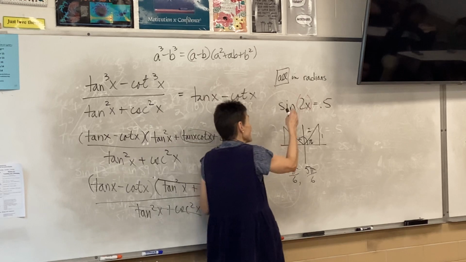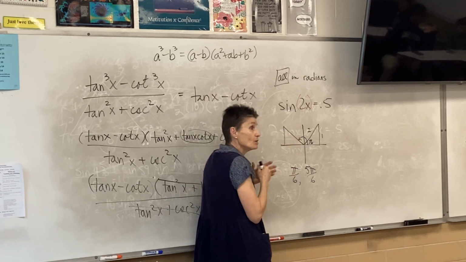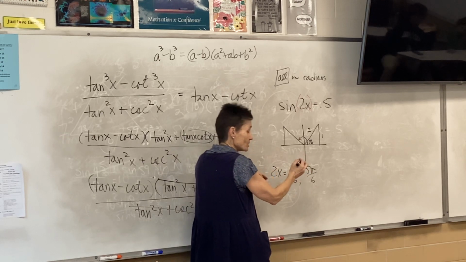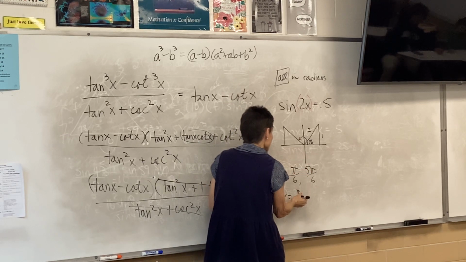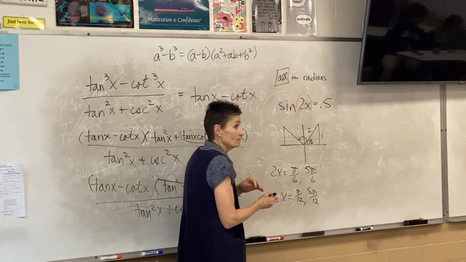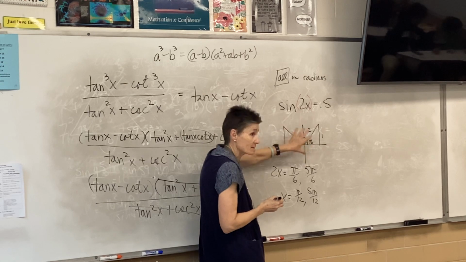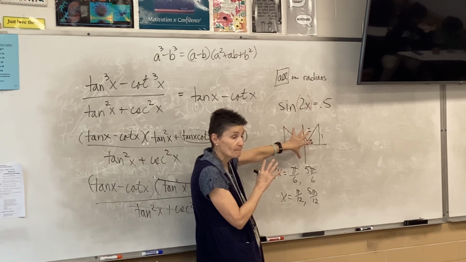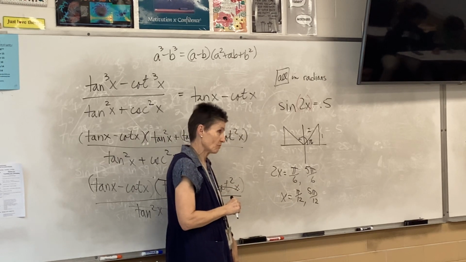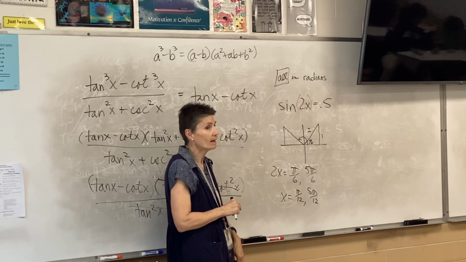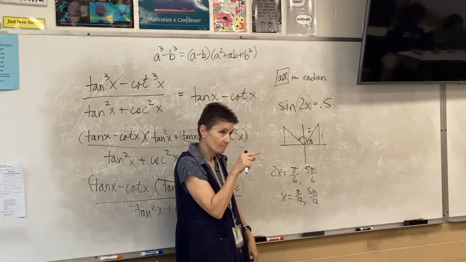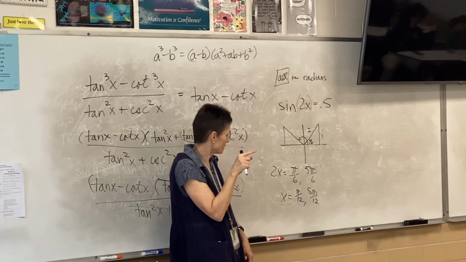So the name we gave it in this problem was 2x. So 2x equals those, which means x equals pi over 12 or 5 pi over 12. Because that was 2x. This is a picture of 2x.